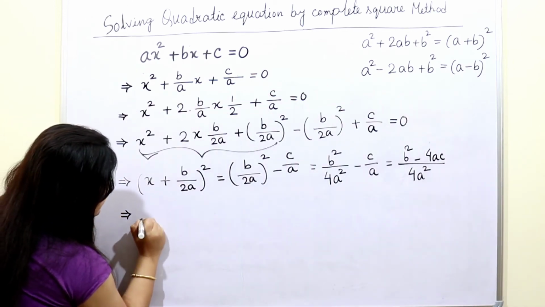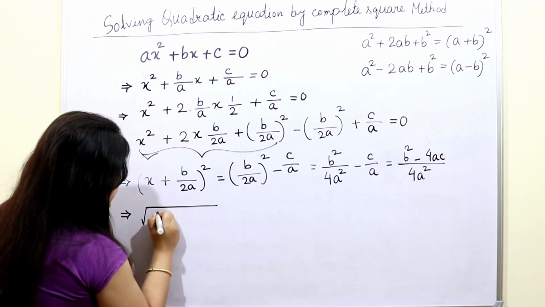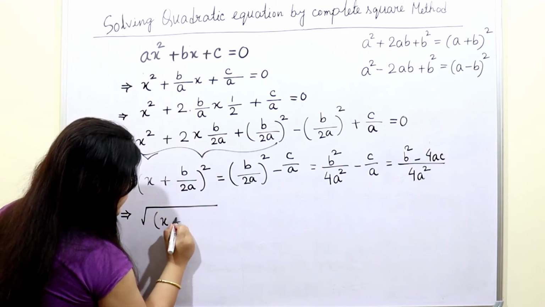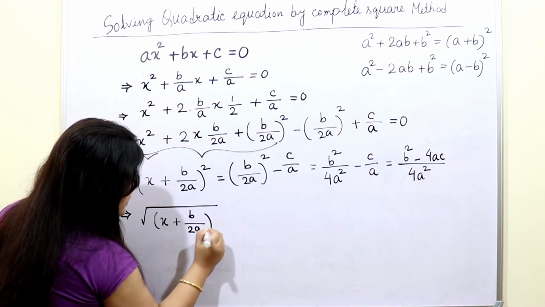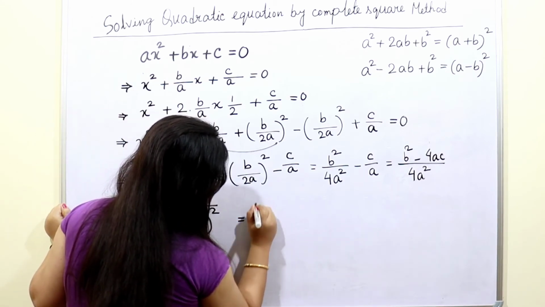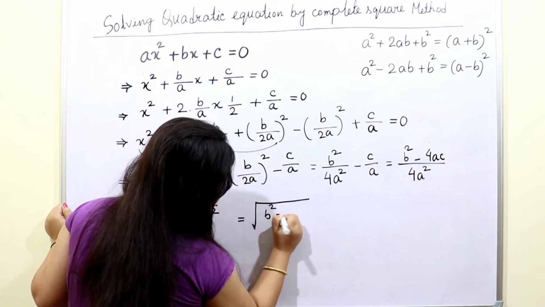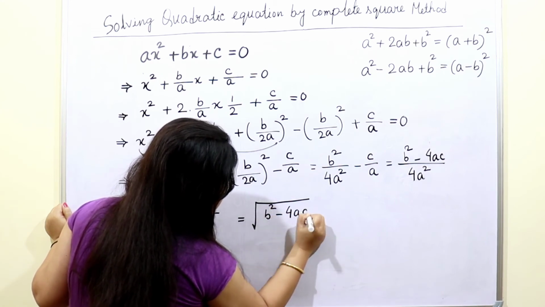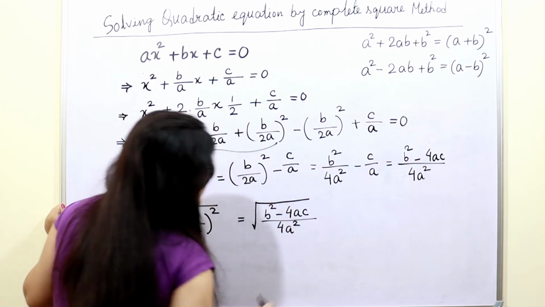Now let us take the square root in both sides. So it becomes x plus b by 2a whole square equal to square root of b square minus 4ac divided by 4a square.